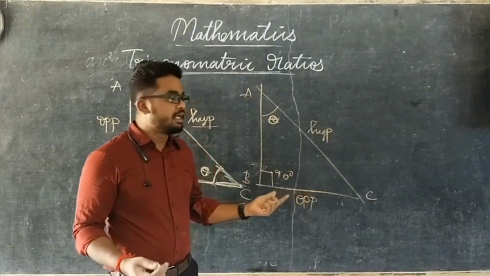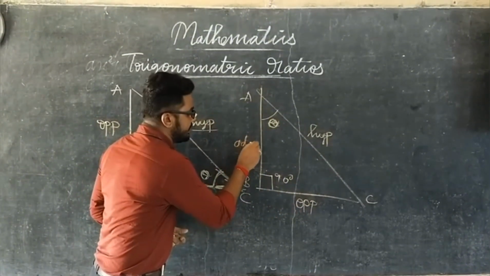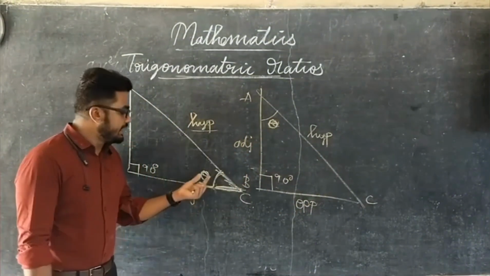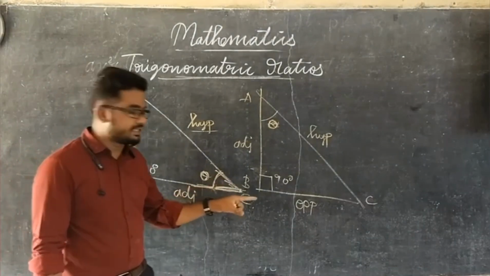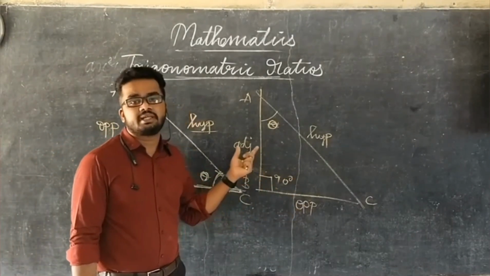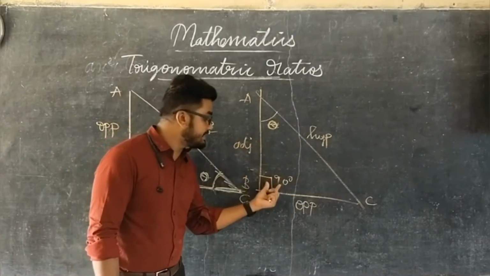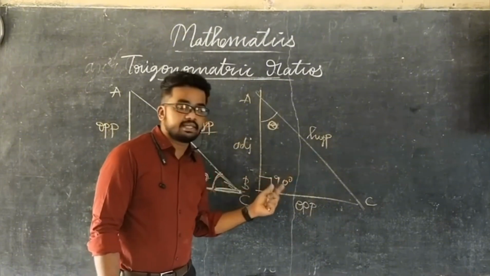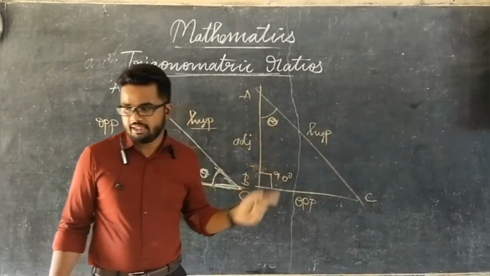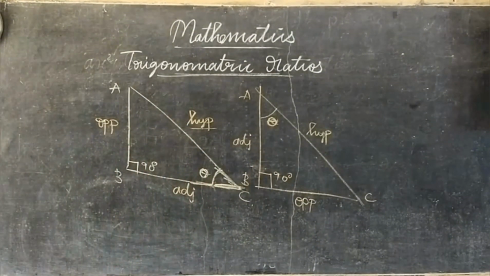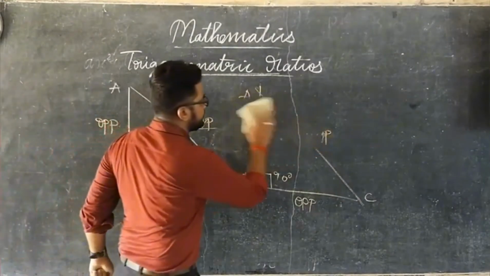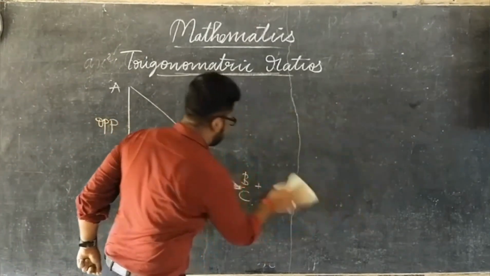What is left out? Left out is the adjacent side. See here, depending on theta, we decide which is opposite and which is adjacent. And it is easy that the hypotenuse is opposite to 90 degrees. This is how you can recognize, my dear students, which is the opposite side and which is the adjacent side.